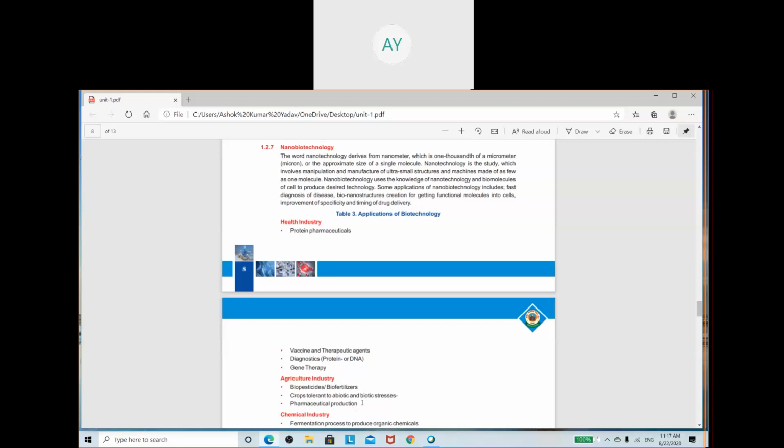There is a protein present in the bacteria or virus. That type of protein can be synthesized in the plant also, and the protein of the bacteria acts as an antigen. If that antigen enters your body, it will cause disease.